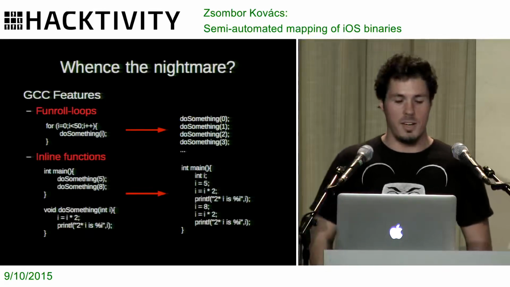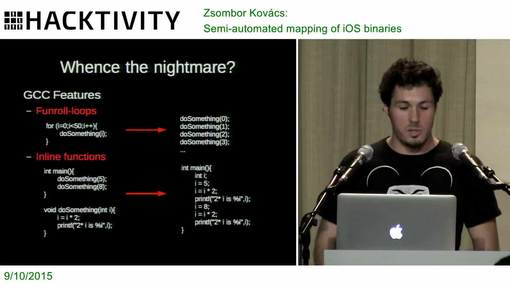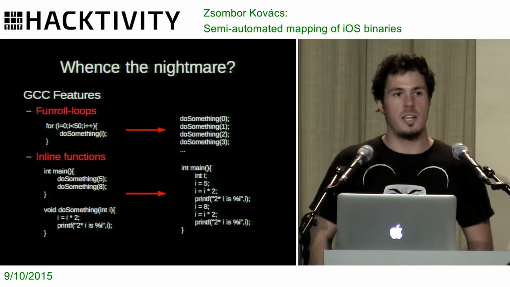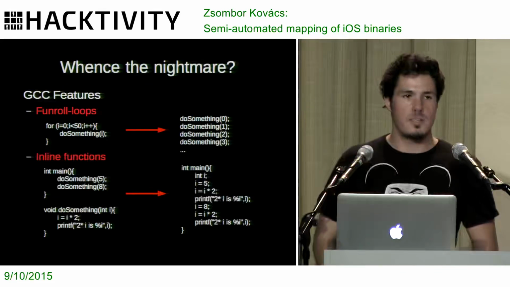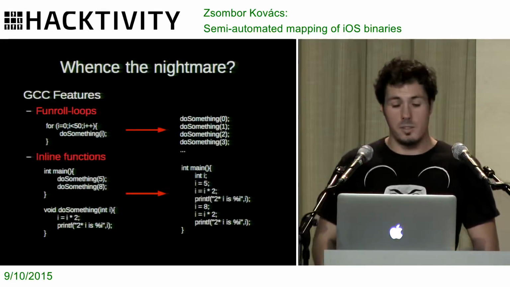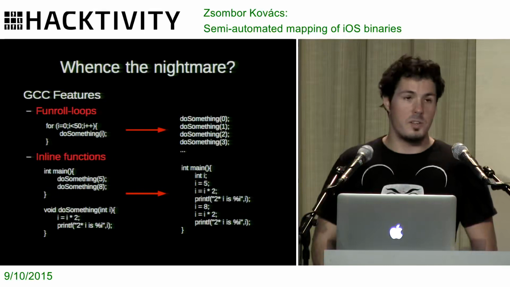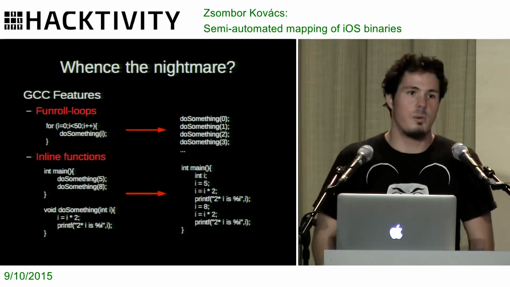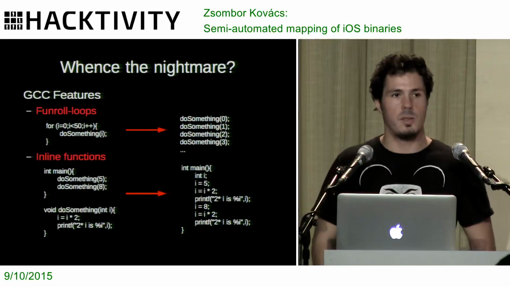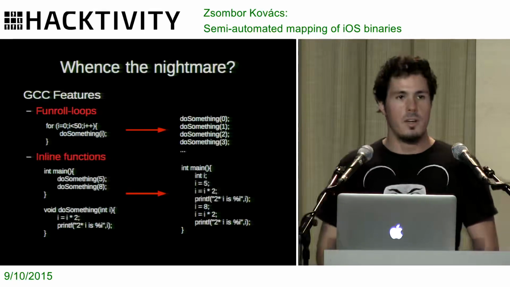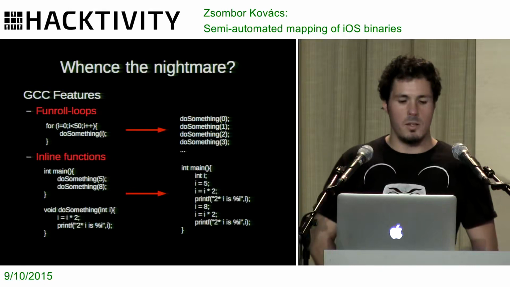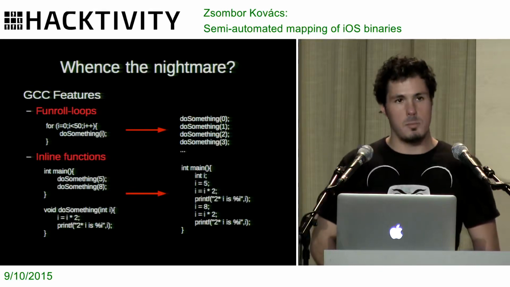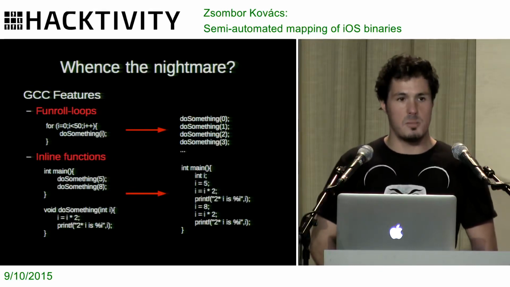So if you have a very nice function, like say this void do something thing, and in case it's a simple point where the application checks for the device being jailbroken or not, and it returns a Boolean value, then it's pretty trivial to make it return a no each and every time you run. And this is pretty well known amongst developers, so only rookies use similar kind of jailbreak detection mechanisms.